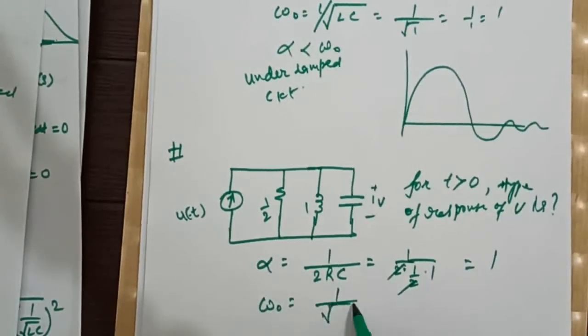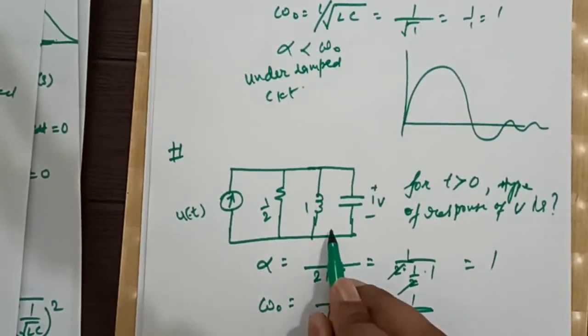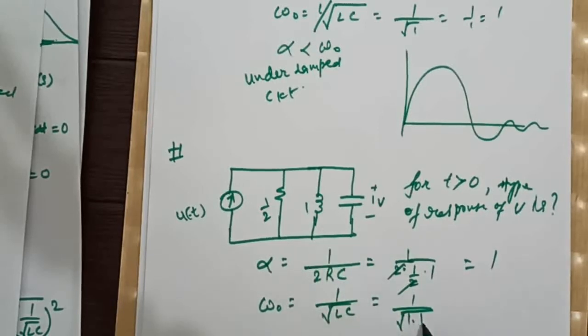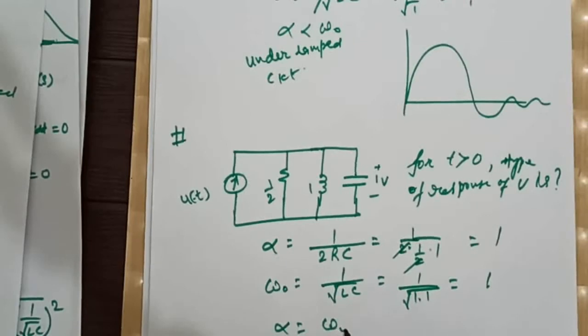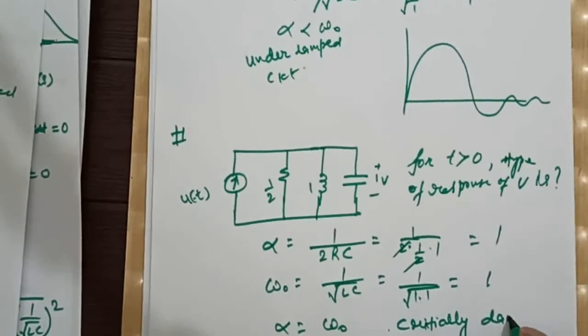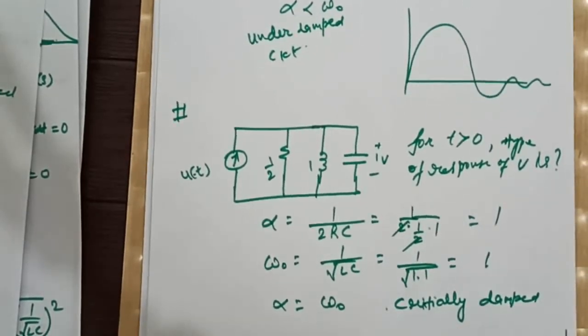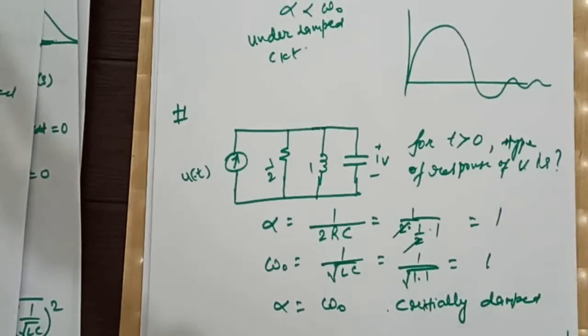Omega naught is 1 by root LC, means 1 by root of 1 and 1, means 1. Here alpha is equal to omega naught. So it is critically damped, means the response of V(t) for time t greater than 0 will be critically damped.